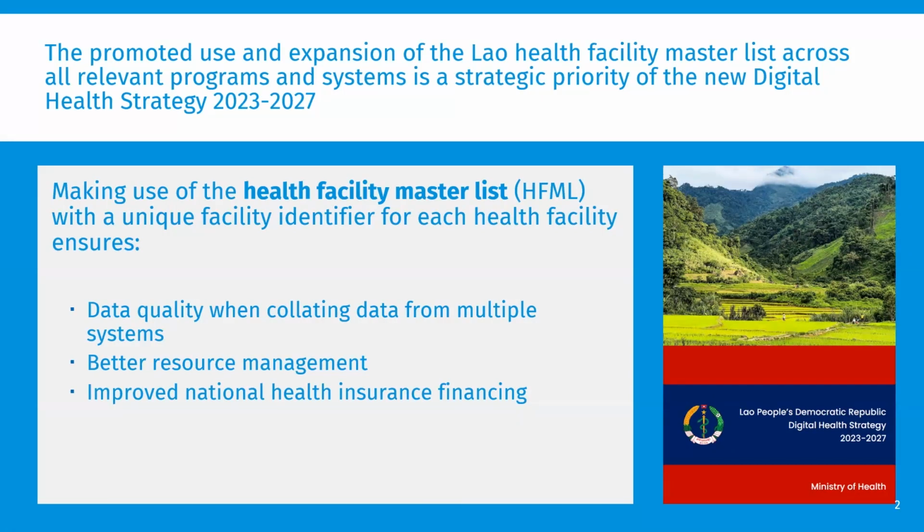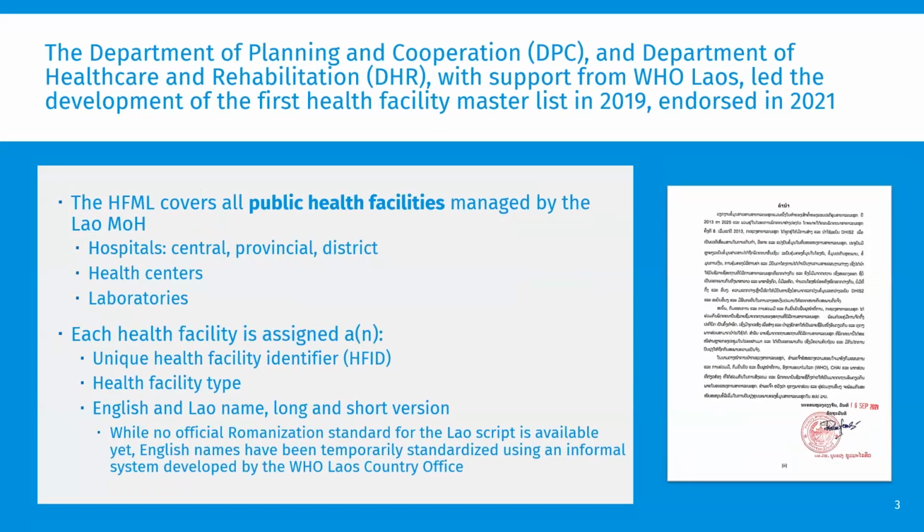The purpose is to make use of a health facility master list with a unique facility identifier for each health facility, to ensure data quality when collecting data from multiple systems, for better resource management and improved national health insurance financing. The health facility master list covers all public health facilities managed by the Lao Ministry of Health.